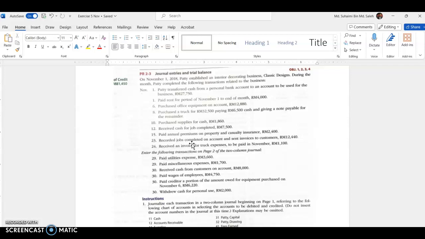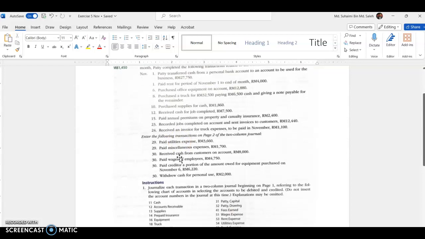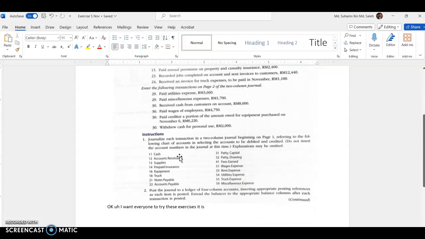Annual means 1 year. So debit insurance premium 2,400, sorry, credit the cash 2,400. Okay, can follow? Okay, we move on to November 23rd.